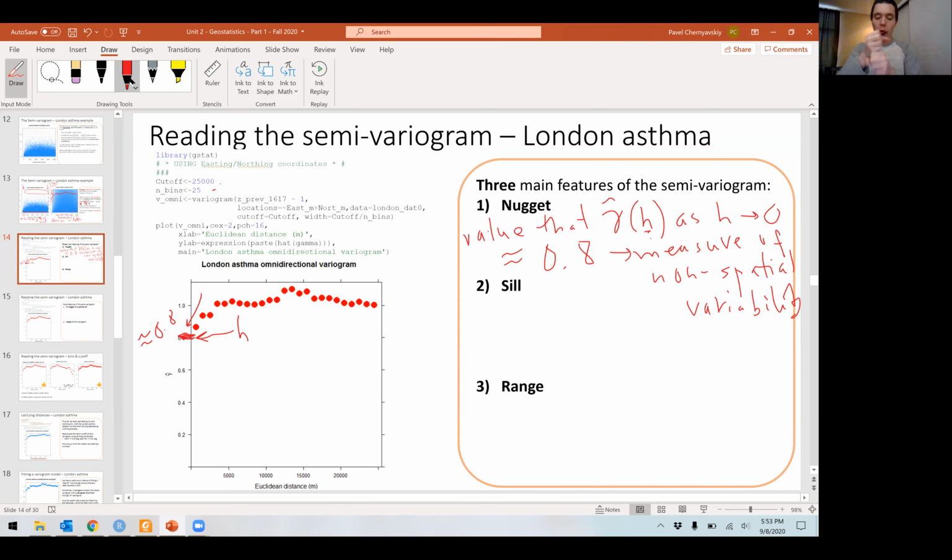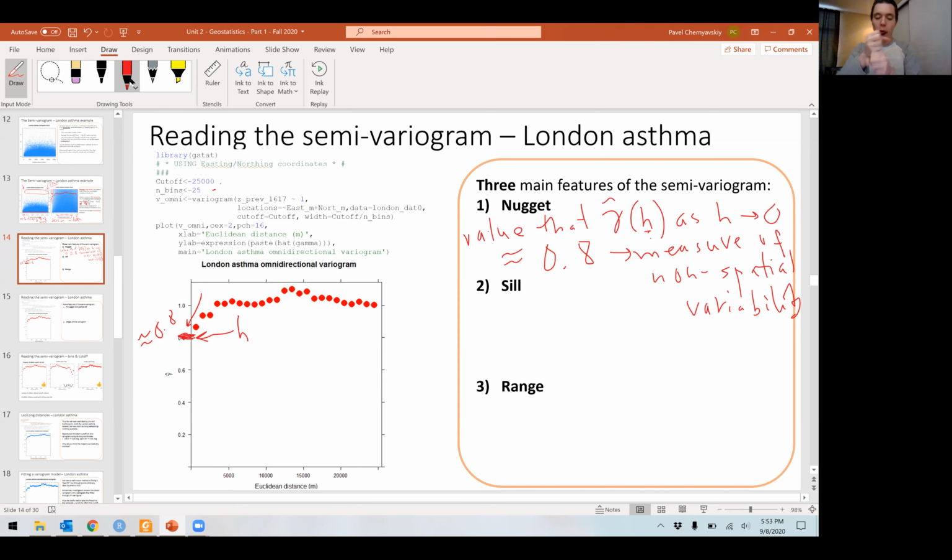The sill is an estimate of total variance, and it is the maximum value attained by the variogram. However, in reality, we want to adjust for noise. Each one of these data points on the left is comprised of different amounts of data, different amounts of pairs that we have pooled together. So we can't take this maximum value too seriously.